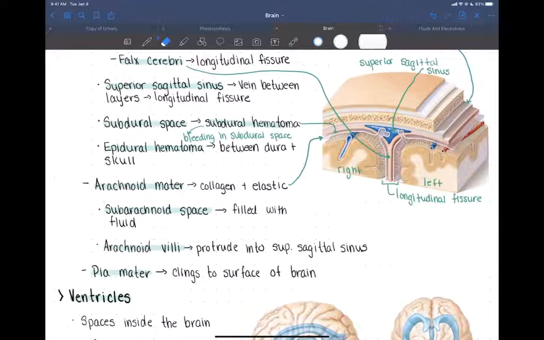So both of these types of hematomas can be deadly, but they do differ because of the structure of the meninges. With a subdural hematoma, you have that bleeding into this space. That hematoma can fill that space rather quickly. It has more room to spread out.